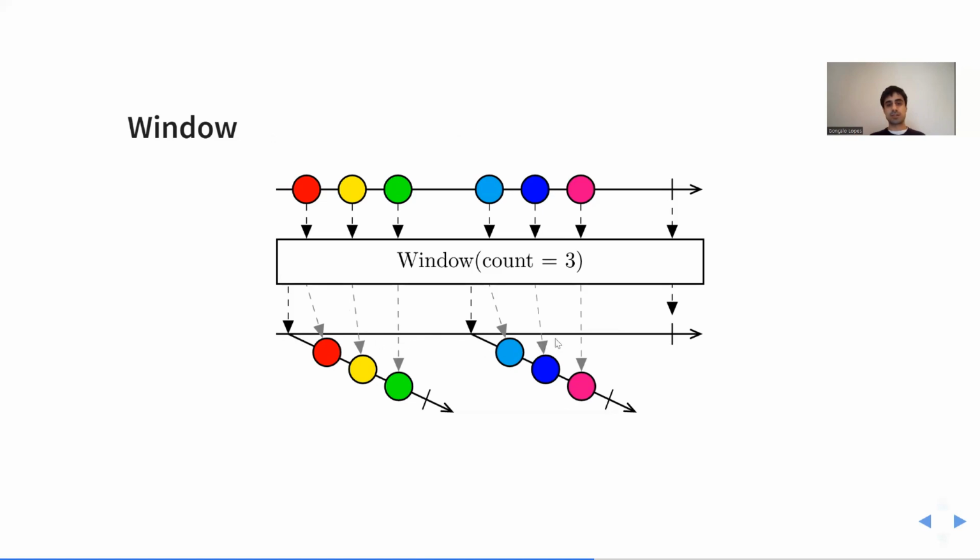So essentially, this is what we mean by a higher order operator: the output of this window operation is a sequence of sequences. In this case, 2 windows have been created, and so the output of this operation is 2 sequences, 1 and 2, and for each sequence, the elements from the original sequence are routed to that sequence in the time that they are received.